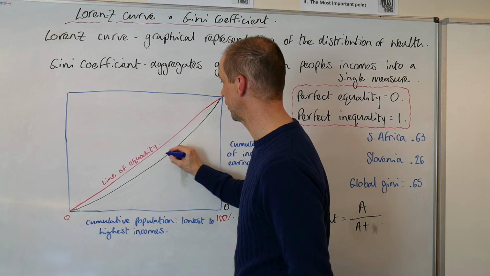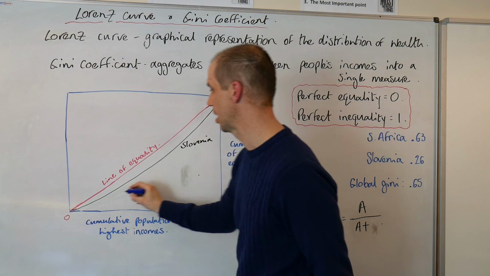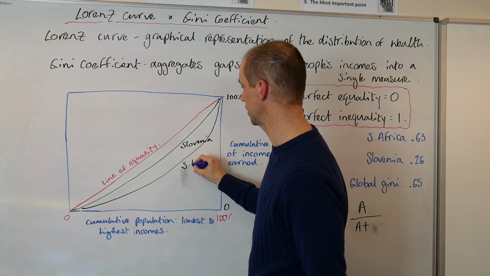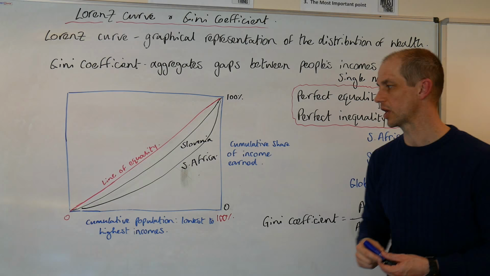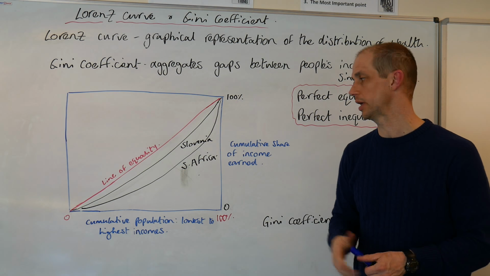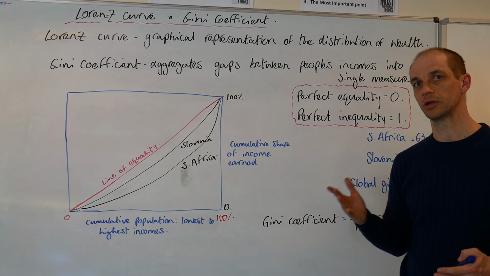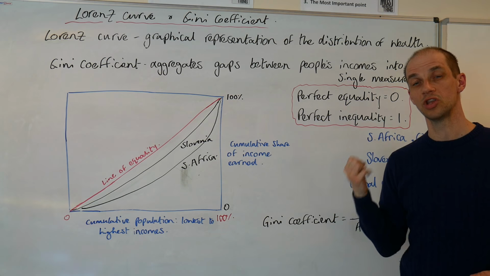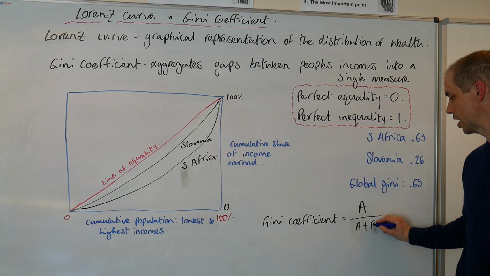We might have Slovenia here, and we can contrast that with South Africa, which may look something like that, certainly further out than Slovenia's, and it may even come further out still. This is interesting stuff in terms of understanding inequality, and it gives us some nice numerical information through this Gini coefficient.